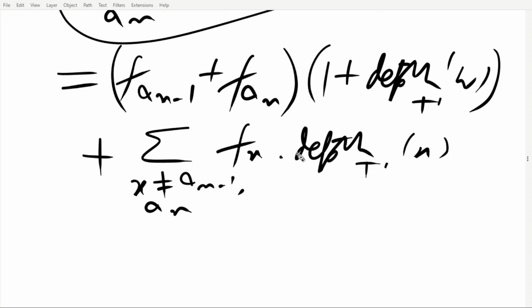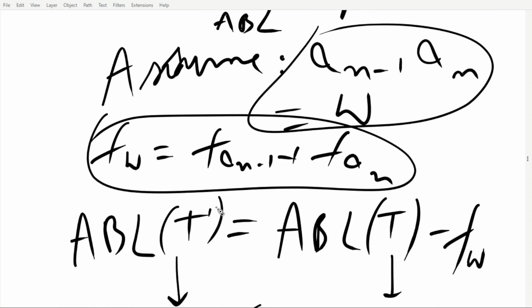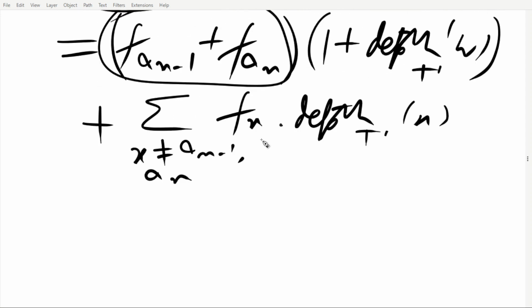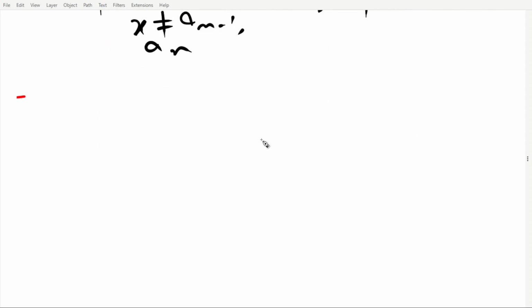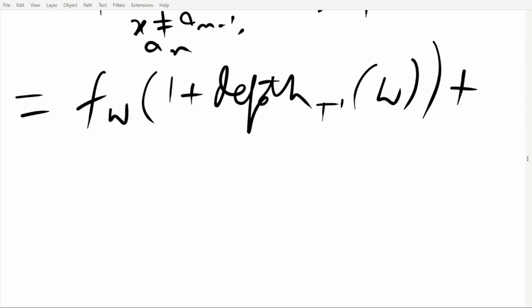So now just see what this expression is. This is fw. So just replace it with fw. So we get this equal to fw times 1 plus depth in t prime of w, plus the remaining expression.